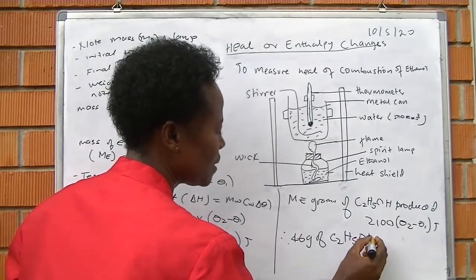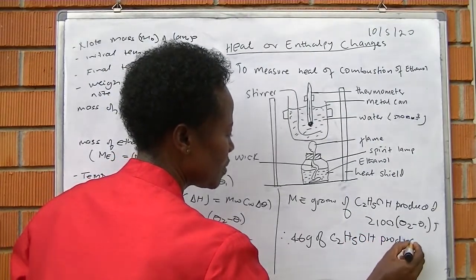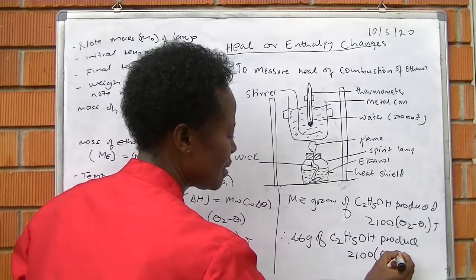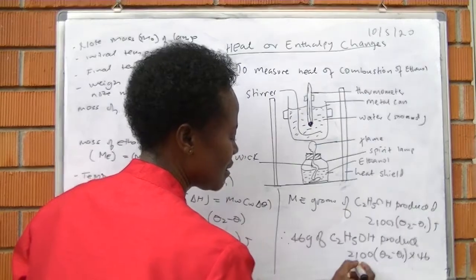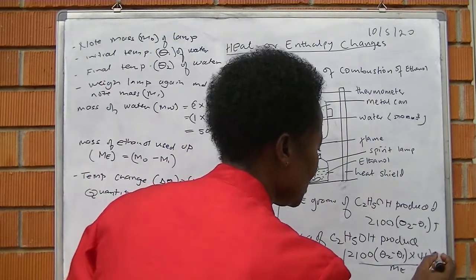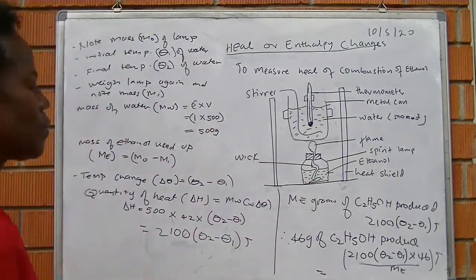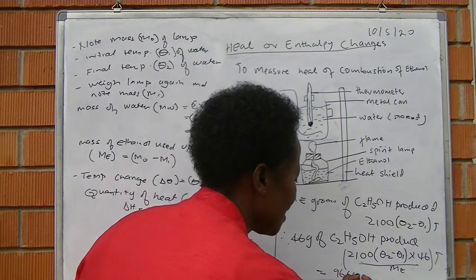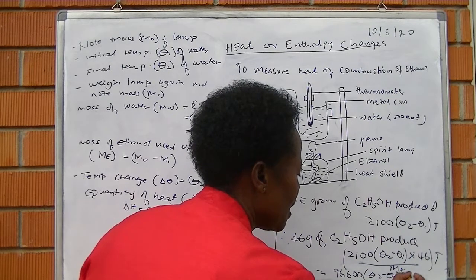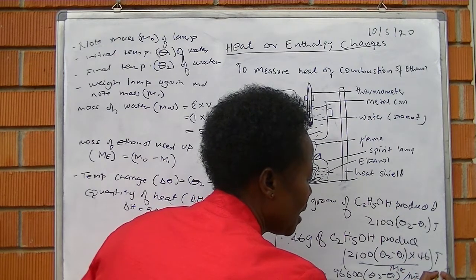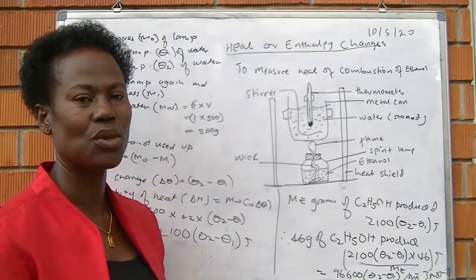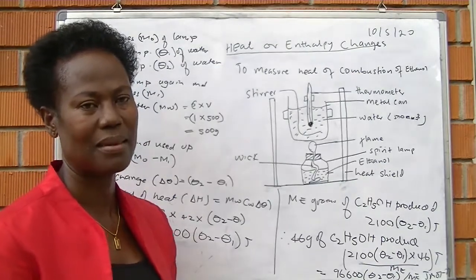It will produce, we cross multiply, 2,100 (theta 2 minus theta 1) times 46 over ME joules, which is equal to 96,600 (theta 2 minus theta 1) over ME joules per mole. Why do we say per mole? Because a mole of any substance is numerically equal to the relative molecular mass.